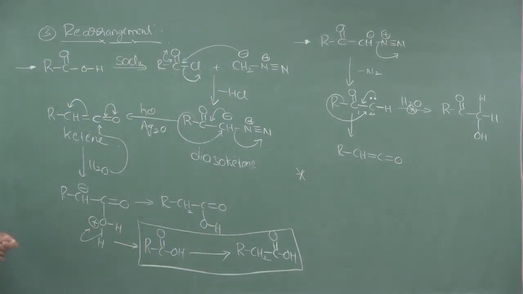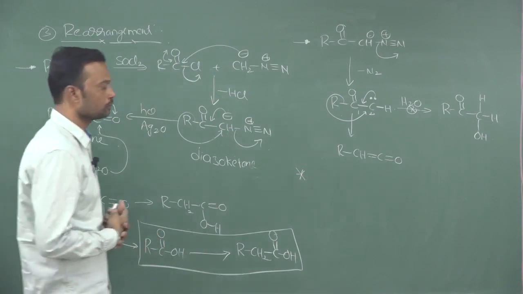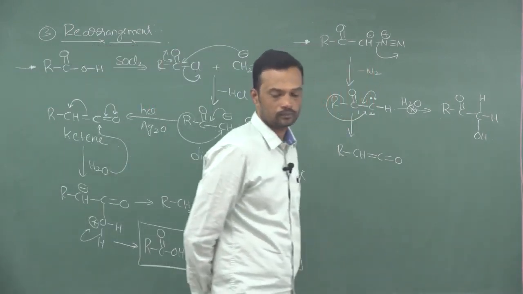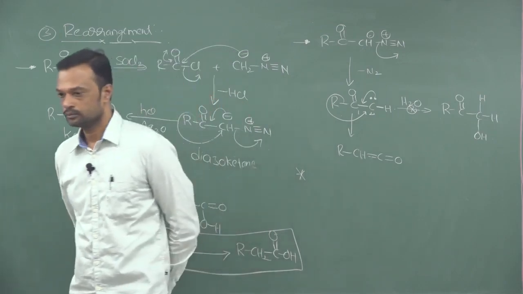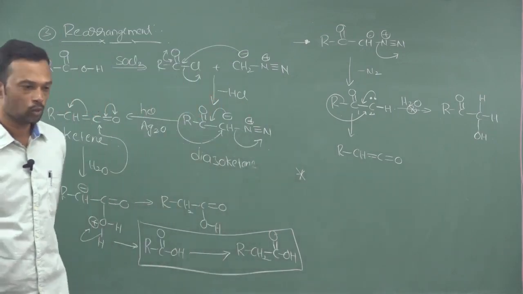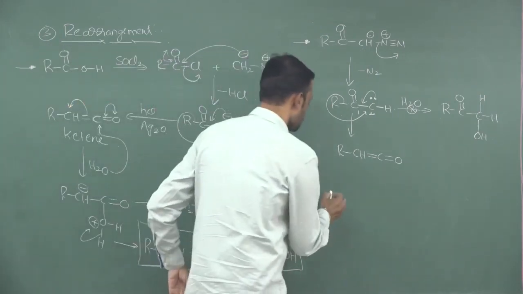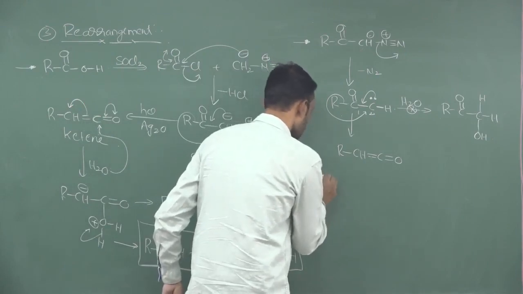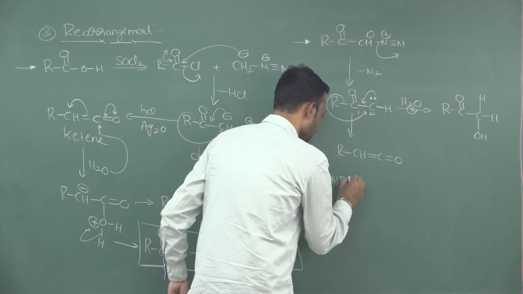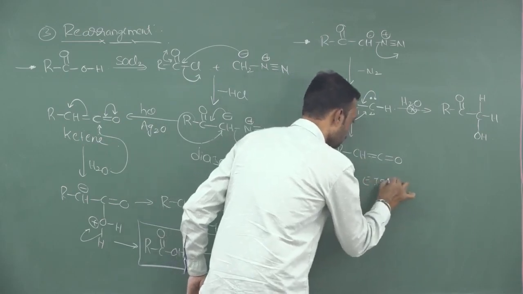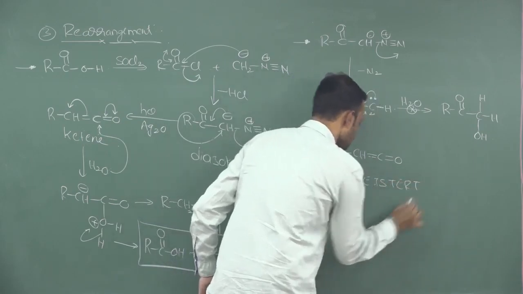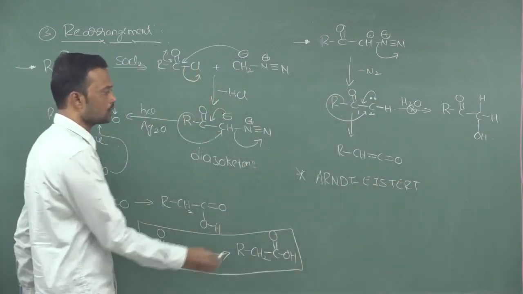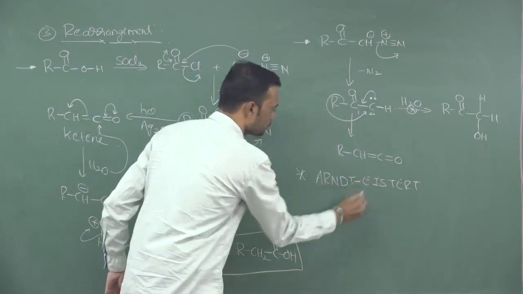Homologation of carboxylic acids is known as Arndt-Eistert rearrangement.